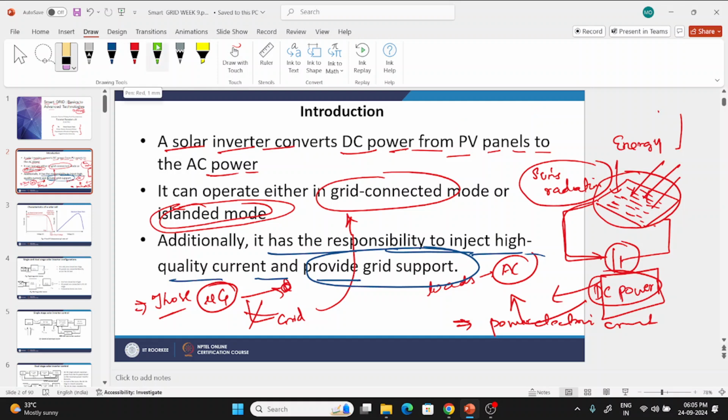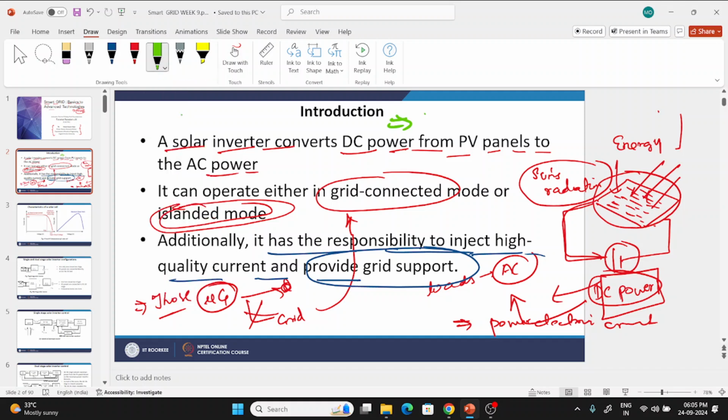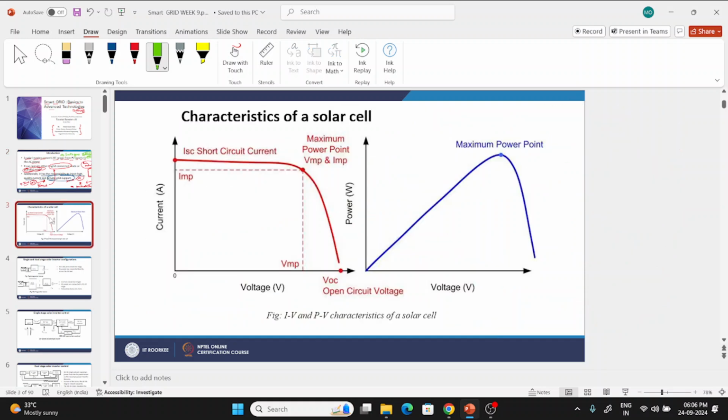As we've already talked about, it can provide frequency support, voltage support, or any reactive or power based support. So the solar inverters help in the quality of the current and also help in supporting the grid.